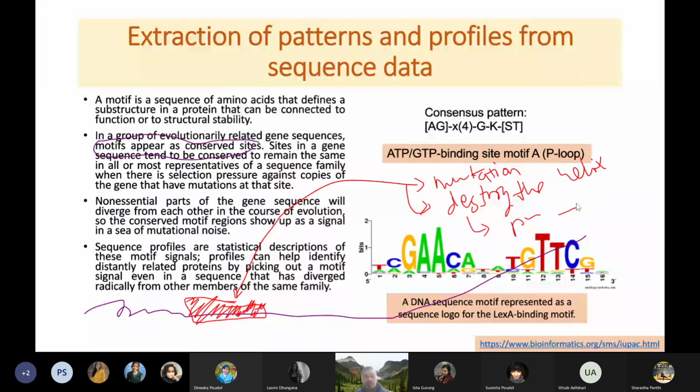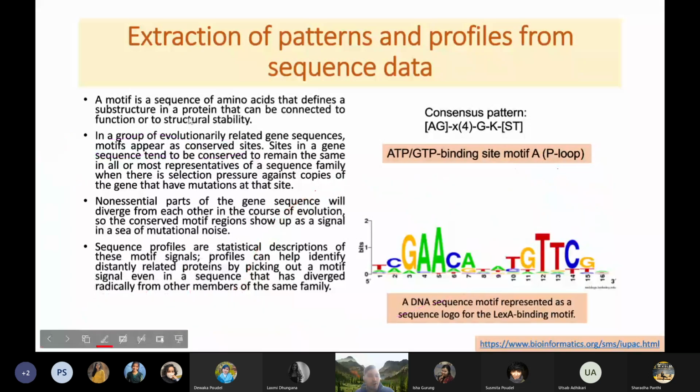So then there will be a selection pressure. Normally, if there is a bad change, these kinds of individuals will be removed from the population. So we see that these kinds of motifs or domains tend to be conserved.